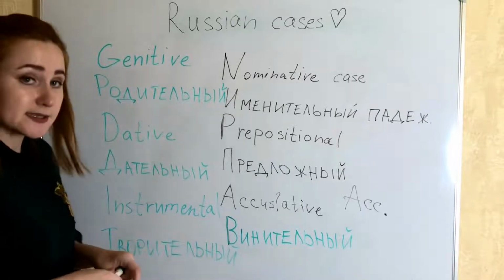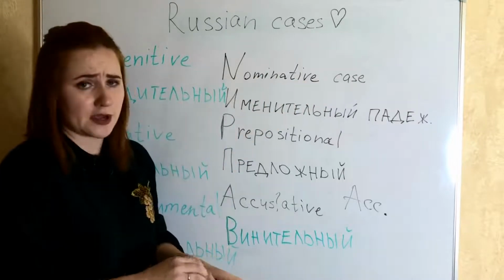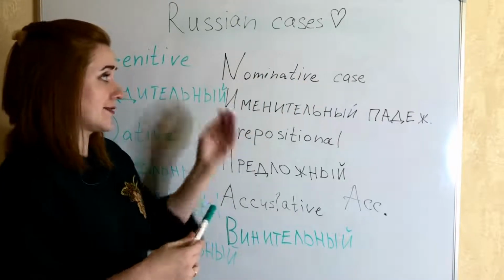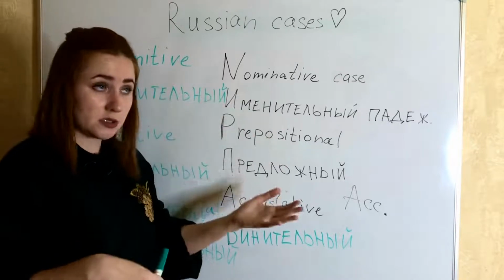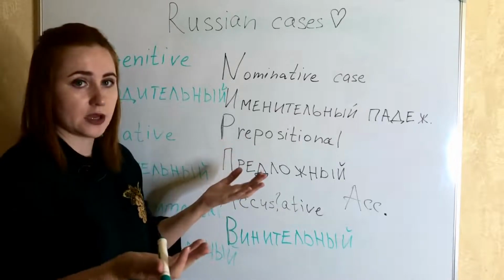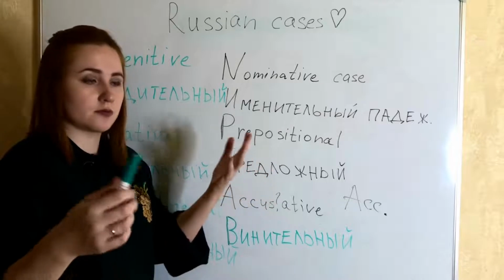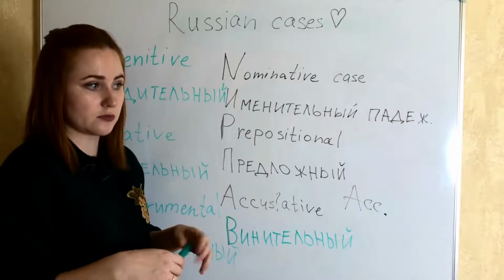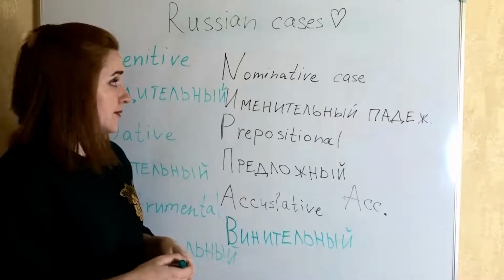So there are 6 cases, but actually you already know the nominative case. You don't even need to learn anything new about it. For example, студент читает. A student, nominative case. Книга красивая. A book, a beautiful book. Книга, nominative case. So very, very simple.